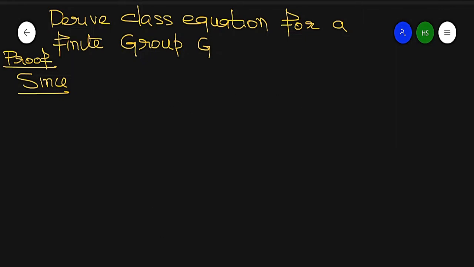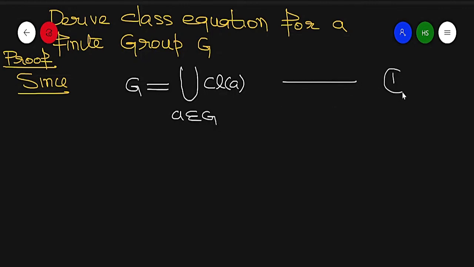Now since we know that G can be written as the union of class of A, where A belongs to G. We already proved that. So I write it as equation number 1.